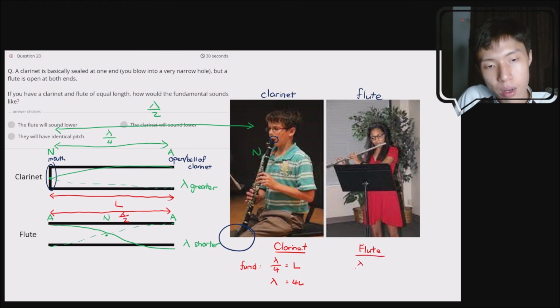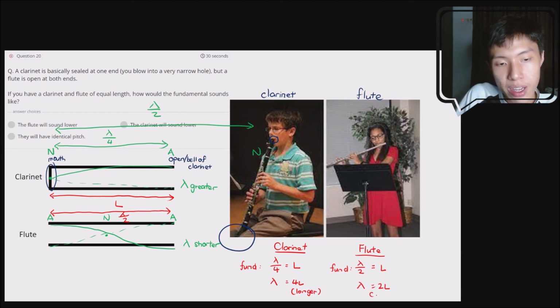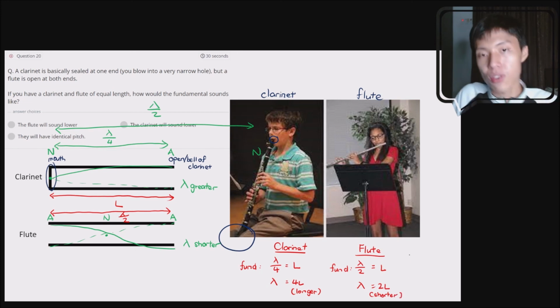So lambda over 2 is equals to L for the fundamental of a flute. Therefore, you know that for flute, lambda is equals to 2L. So this one is definitely a longer wavelength. This one is definitely a shorter wavelength. Okay, that's what you know for now.